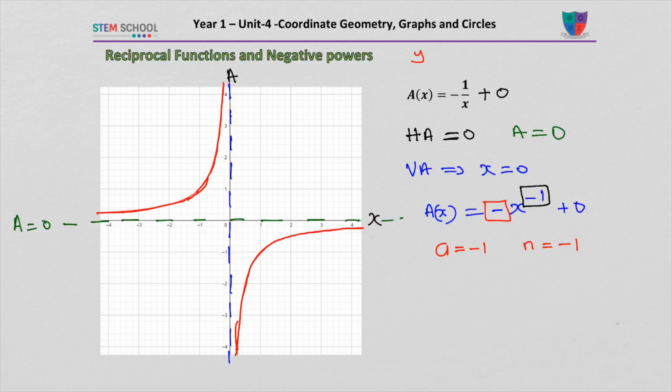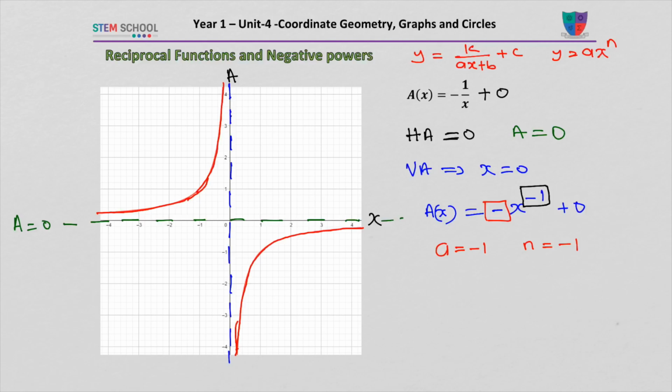So that's important to watch out. The general formula is y equals k over ax plus b plus c, which is a type of equation where y equals ax to the power of n, but n is minus 1.